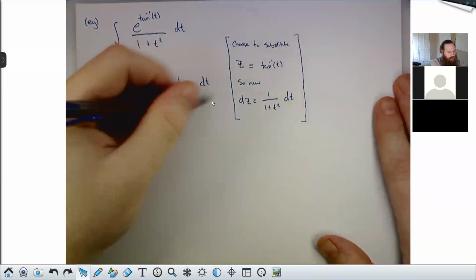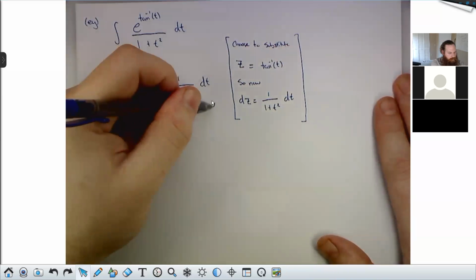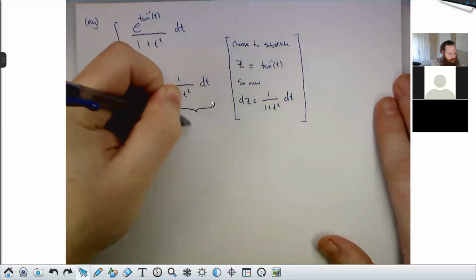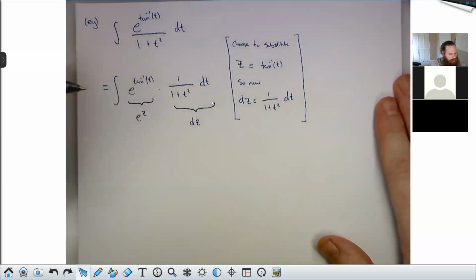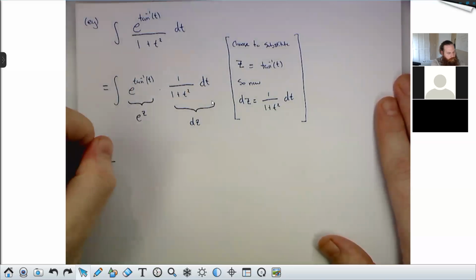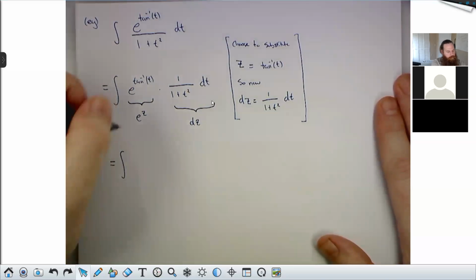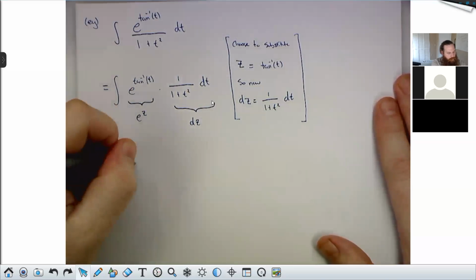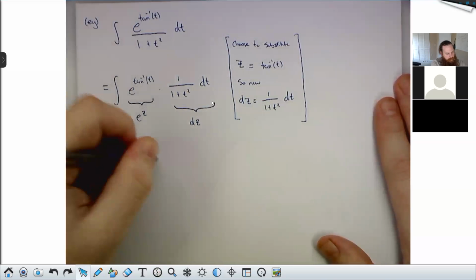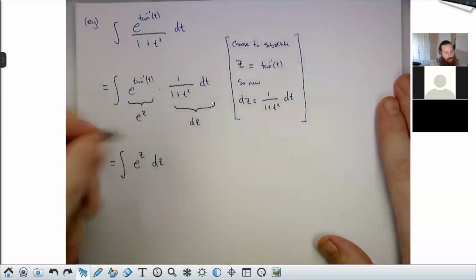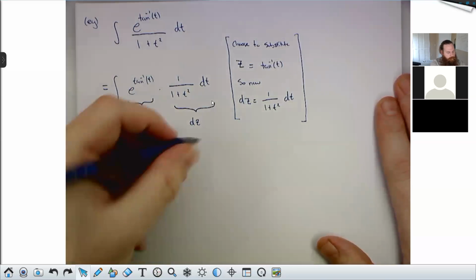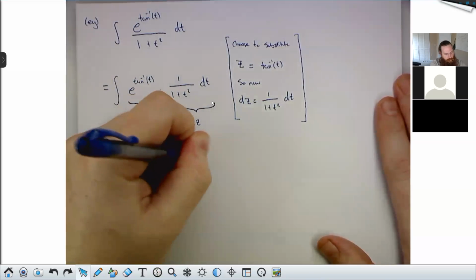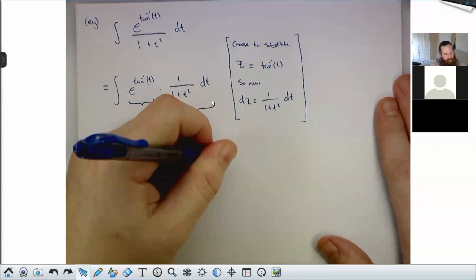So this right here is dz, and this right here is just e to the z. So my integral becomes, in terms of this new variable z, e to the z dz. Oh, and I know how to do that. That's not hard. E to the z, who has antiderivative e to the z? Well, e to the z plus any constant.